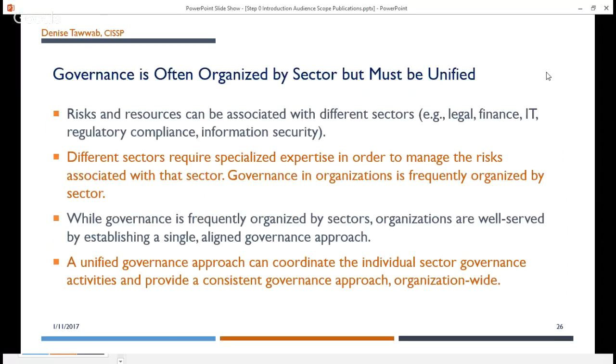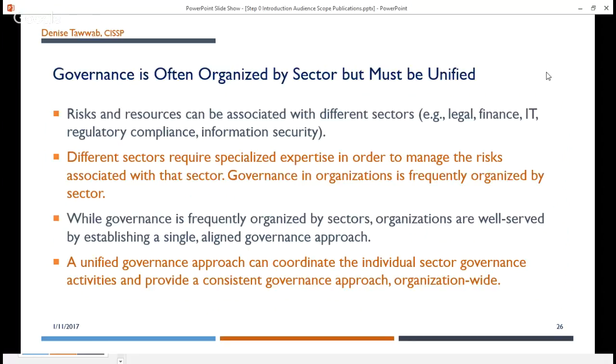Governance is often organized by sector, but it must be unified. For example, risk and resources can be associated with legal, finance, IT, regulatory compliance, information security. Each sector has its own set of specialized experts in order to manage the risk associated with that sector.